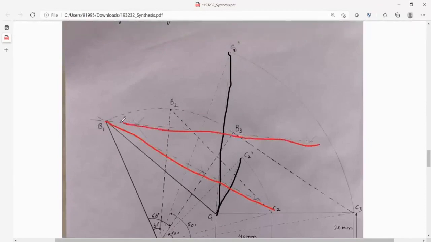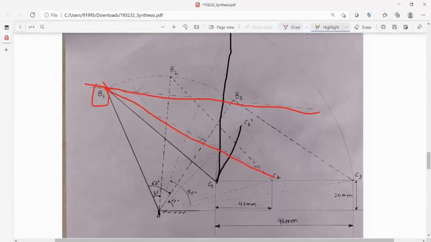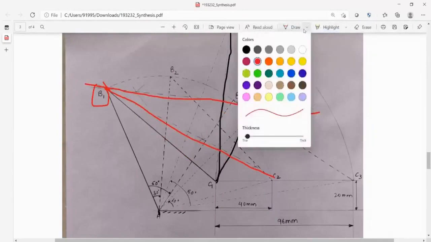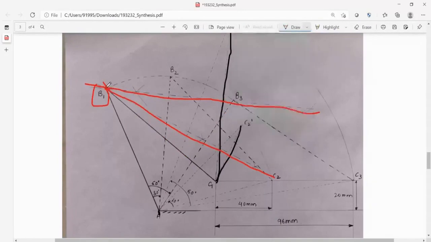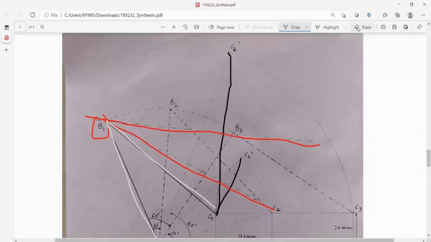These will intersect at a point and we will name it B1. Then we will join B1 C1 and AB1. So AB1 C1 is the required slider crank mechanism.